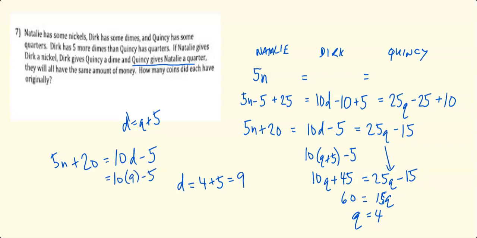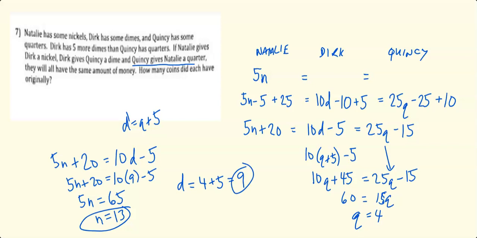So this becomes 5n plus 20 equals 10 times 9 minus 5. 5n equals, and it's 90 minus 5 is 85, minus 20 is 65. So now we have n equals 13. So this gives us how many coins they each had in the beginning.